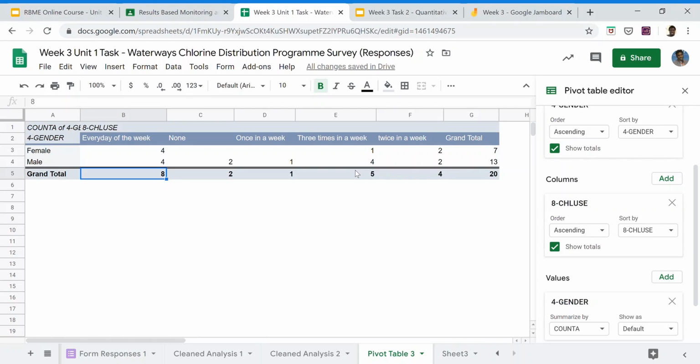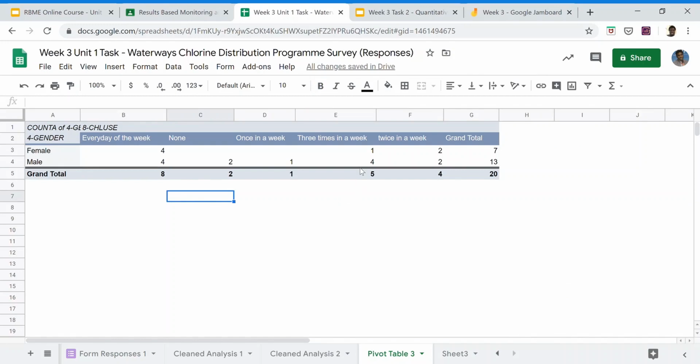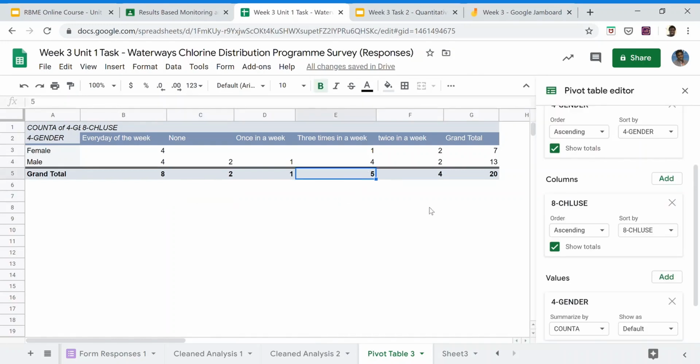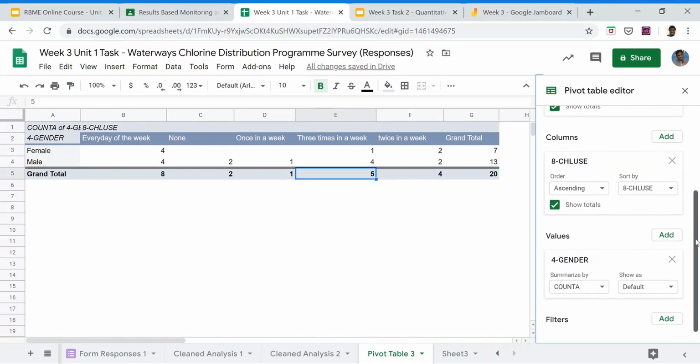So 13 out of 20 use chlorine to purify the water all the time. Also think about the design. If the design had allowed you to collect baseline data, then you want to think about the difference between what you have now and what you had then. That's part of our fourth week classes looking at evaluation designs.